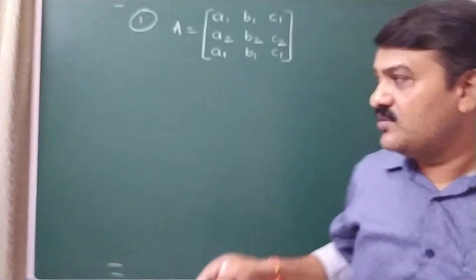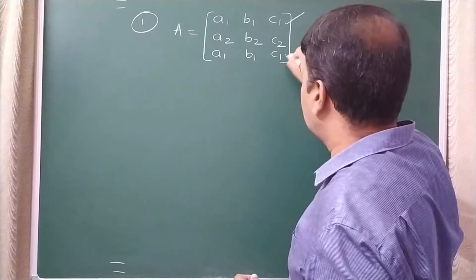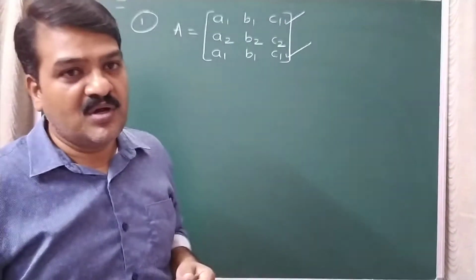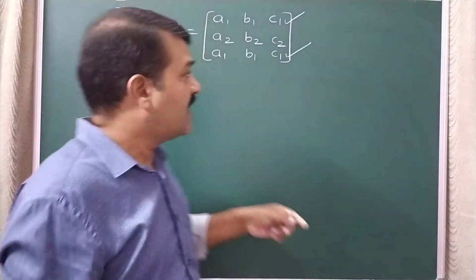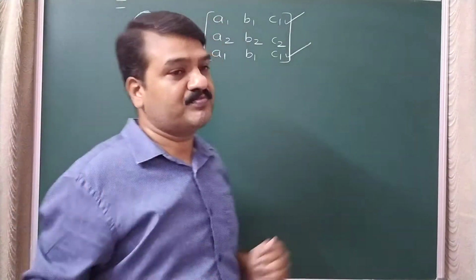Here you can clearly see that the first row and third row are identical, both are the same. So when two rows or two columns are identical, its determinant becomes 0.